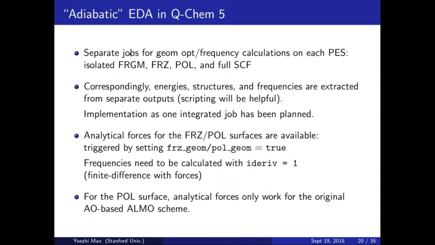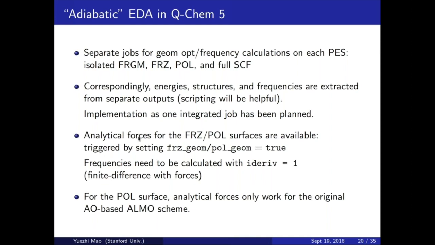So if you want to do all four potential energy surfaces and do both geometry optimization and frequency, you will have 8 inputs and outputs in total, and therefore some scripting will be very helpful to extract the results or to create the inputs. And the implementation of this ALMO-EDA procedure as one integrated job has been planned, and I hope that will be available soon.